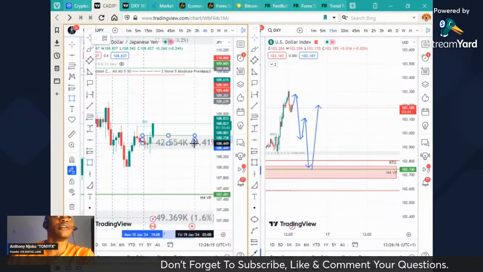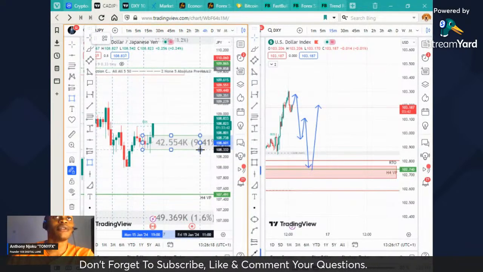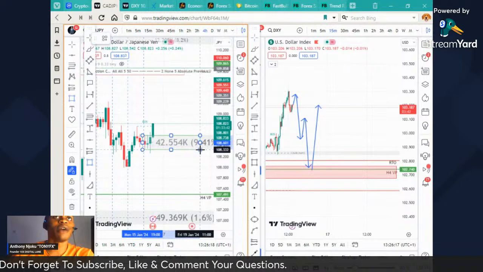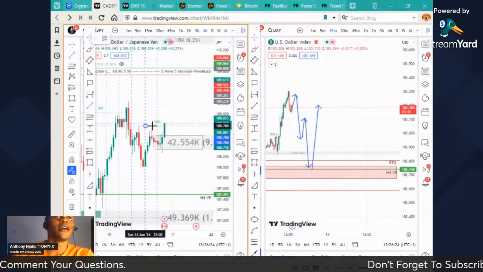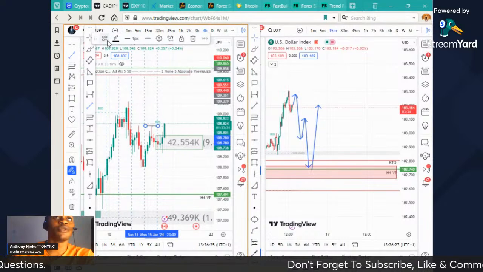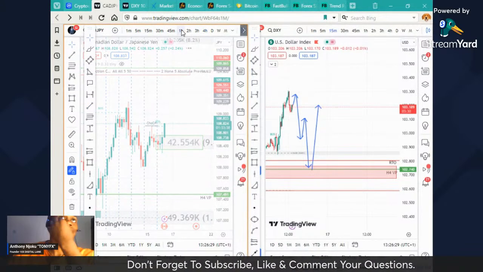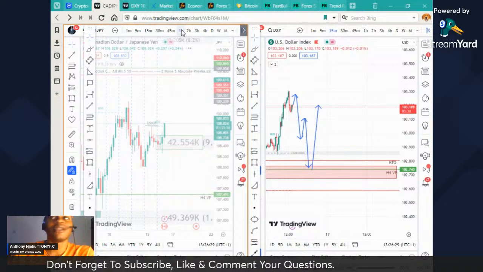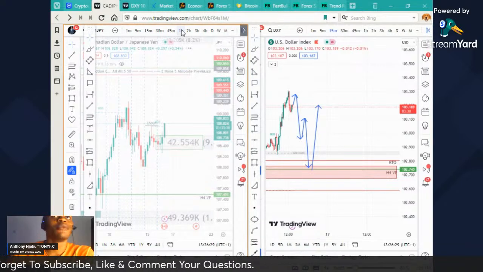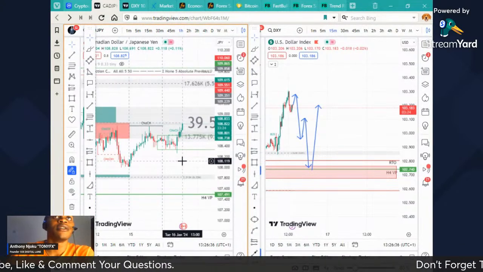This is the last red candle before that break of structure, so that's where our order block is and our point of interest. And this is the break of structure for the 4 hours to the upside. Let's go to the smaller time frame like 1 hour.